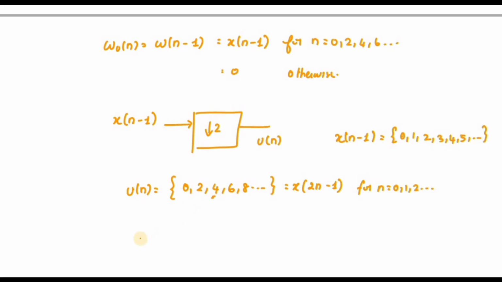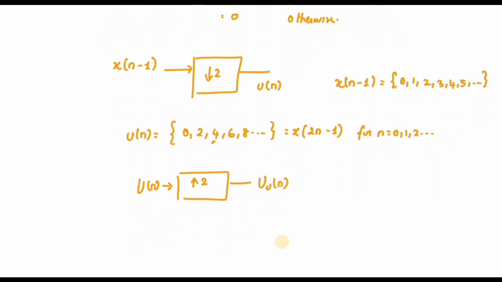After this, u of n is given to an upsampler by 2. So what will it do?